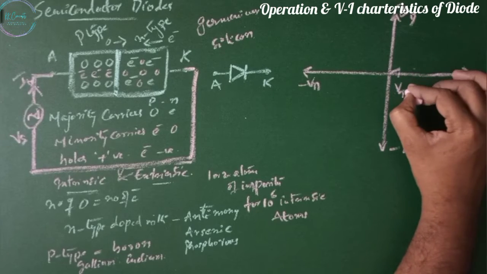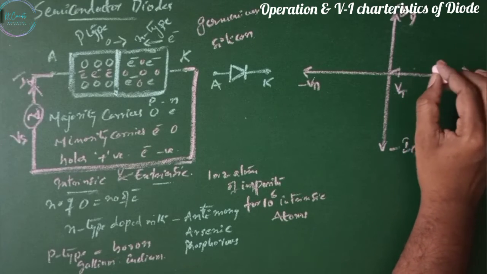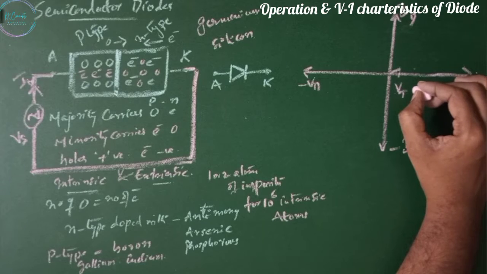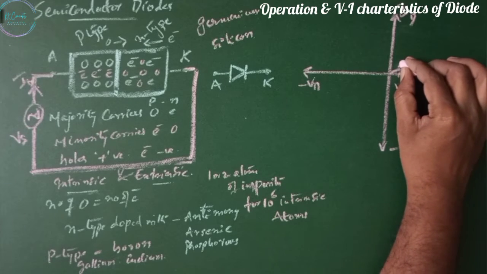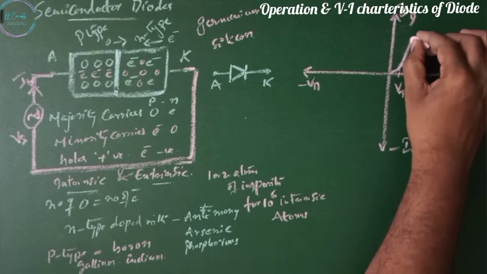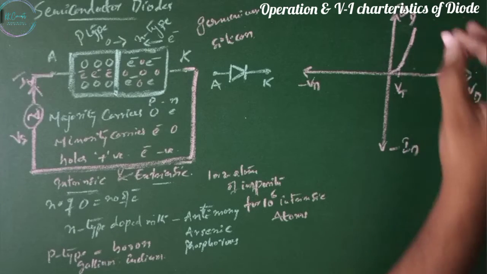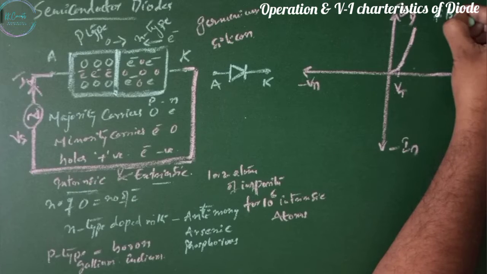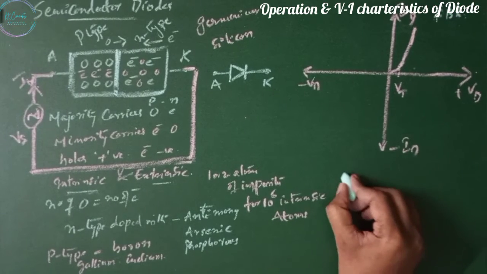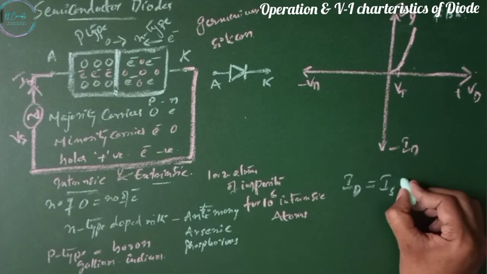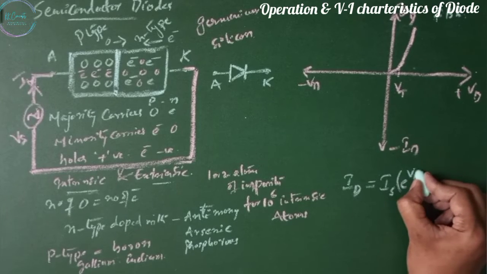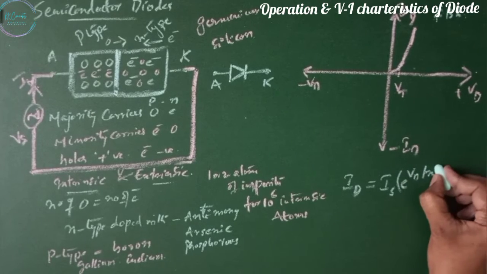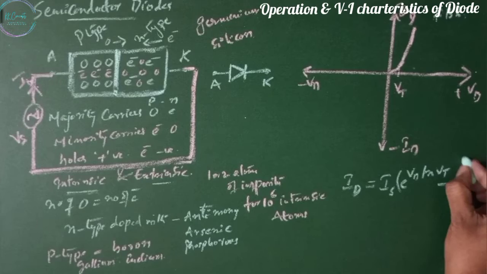This is known as the threshold voltage, cut-in voltage or turn-on voltage of the diode. After that the current starts rising; this is our I-V curve. This is the forward biased region. ID is given by IS times e to the power of VD divided by N VT, minus 1.